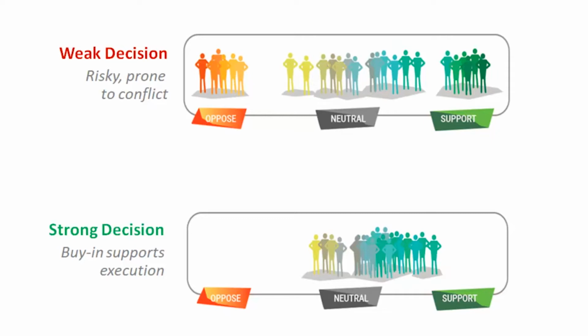Even though the average level of support is the same on the top and the bottom, the one on the bottom is much less polarizing. Research shows that decisions are more likely to succeed when people are similar in their levels of support. Ethelo looks to find strong decisions that are fair and will get the unified support of a group.